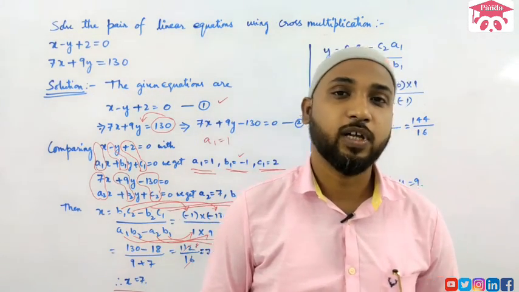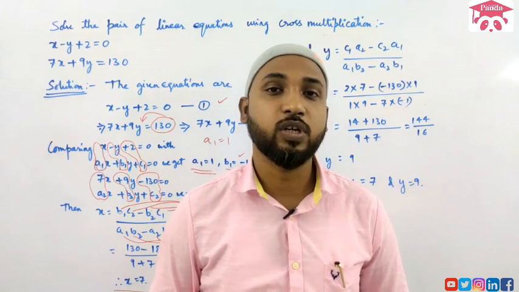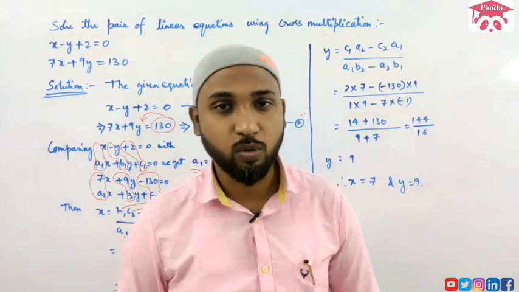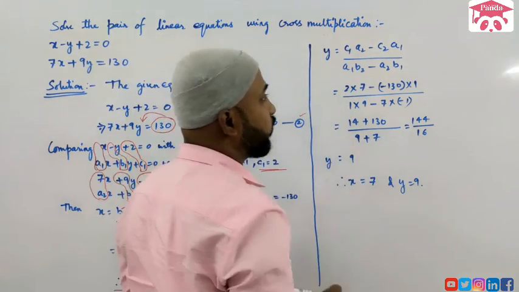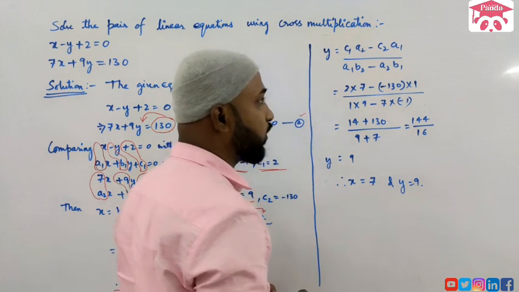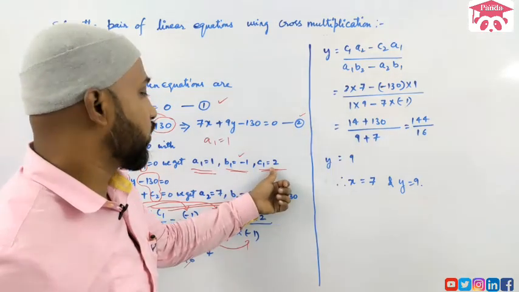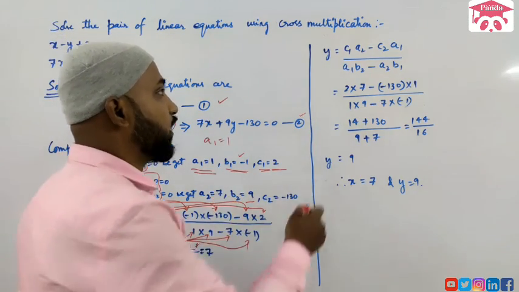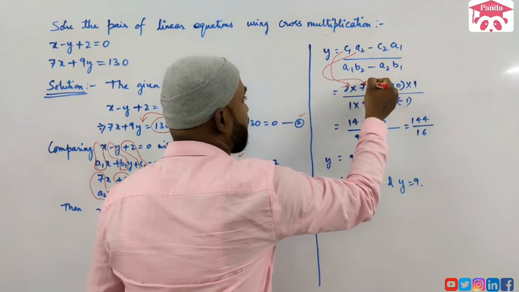Similarly, we will also find the value of y. And what's the formula for y? y is equal to c1a2 minus c2a1 by a1b2 minus a2b1. We have just written down the formula here. What's the value for c1? It is 2. And what's the value for a2? It is 7. So in place of c1, I will put 2, and in place of a2, I will put 7.